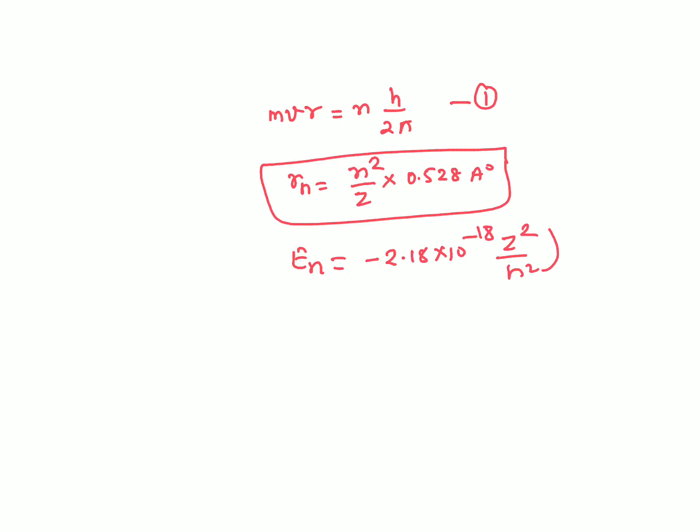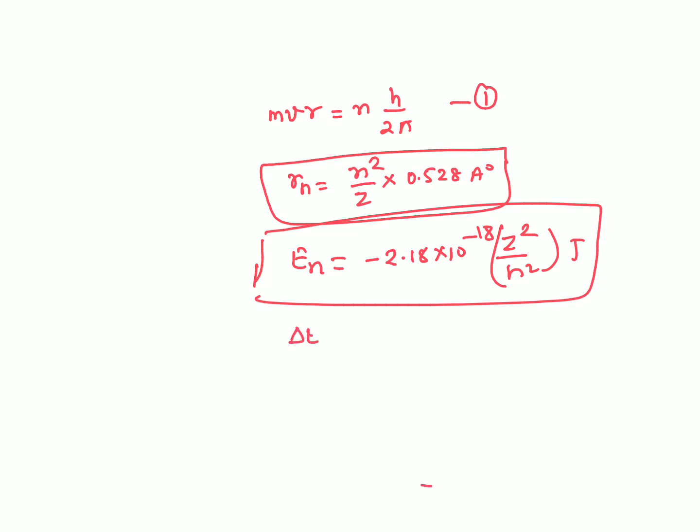And the third important point: the energy of an electron in an orbit is calculated by using the formula En is equal to minus 2.18 into 10 to the power minus 18 z square by n square joule. Okay, this is the third formula which was very important. And finally, we studied that we can also calculate the frequency of the radiation required for the energy gap between the two orbits.